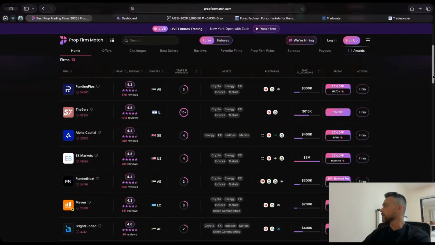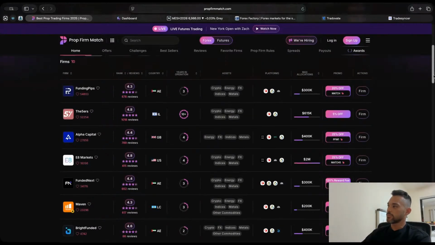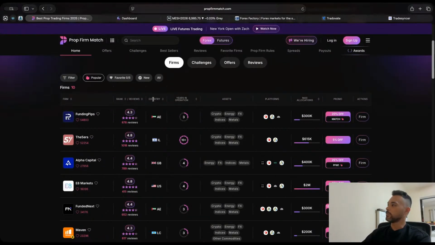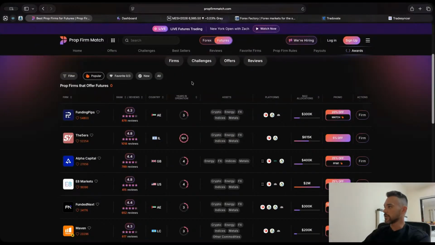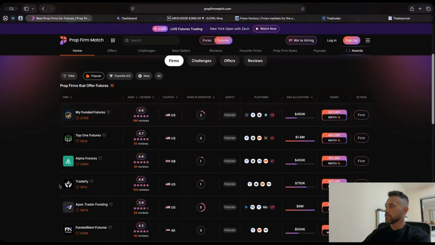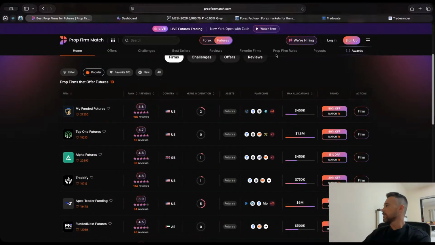Go ahead and just take a look at those websites to see which prop firm is good for you. You could go based off of country. You could go based off of what you trade, forex or futures. I like futures here. We trade futures. There's the top ones right there. And then specifically, I look for companies that allow Tradovate.